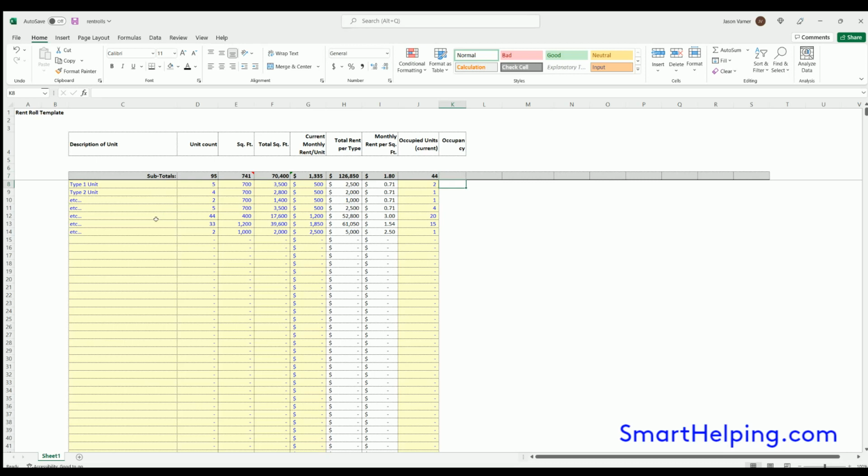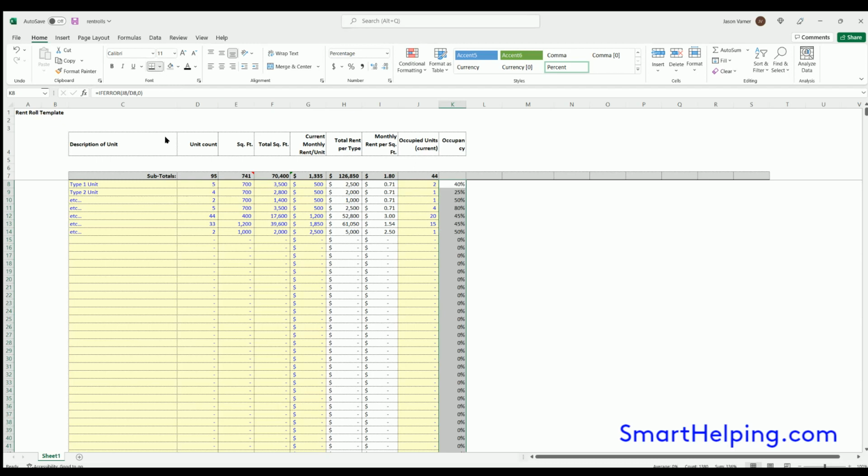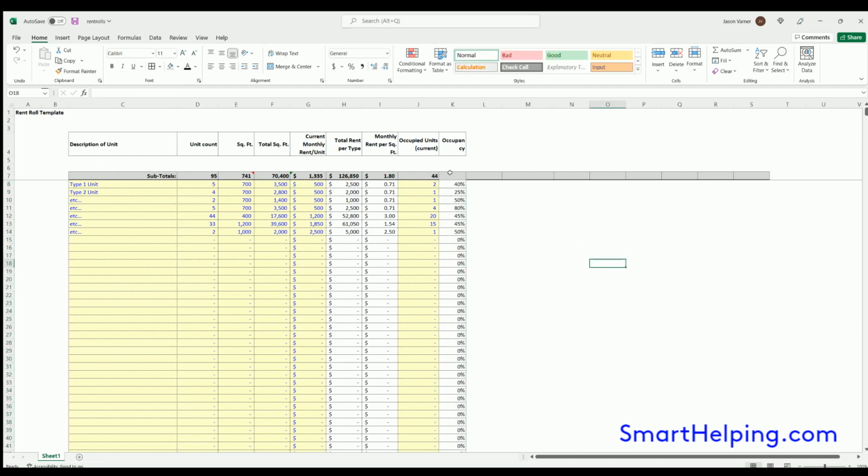So here we take the total occupied units divided by the total units for each type. Drag this down. And our weighted average occupancy is just the total occupied units divided by total unit count.